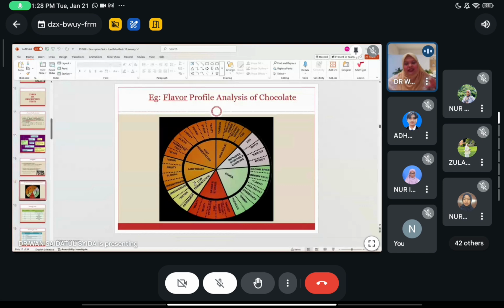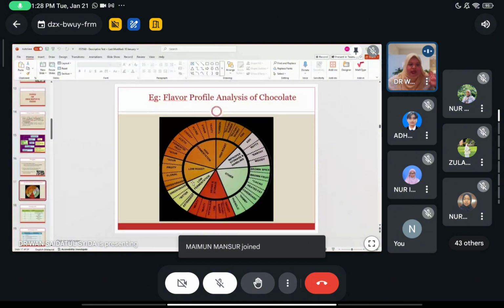Dia tak boleh taste. No. If you write down taste, it will be wrong, because taste is a general attribute. So you have to be discrete, because this is a descriptive test.